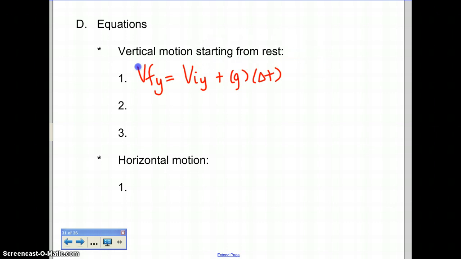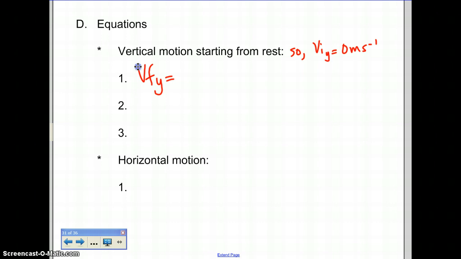Give me a numerical value for vi if you're starting from rest. Well, vi equals 0 meters per second. So that's why we're just going to hack that out of there. So don't look at these as though, what the heck, I thought she said it was the same equations over again. It is. It's just don't write the vi because it's 0. Save yourself some time there.